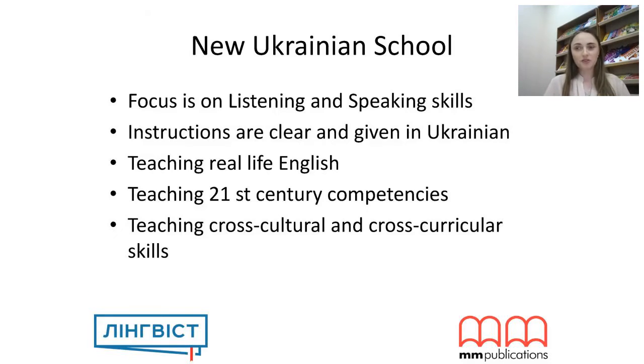And the new Ukrainian school tells us that we need to teach cross-cultural and cross-curricular skills so that our students know a lot about the world. We want our children to be well-rounded and well-educated students. So all these skills are crucial for them, and we need to teach all these skills.